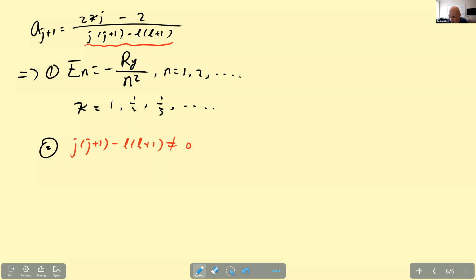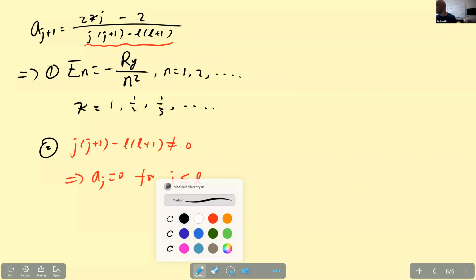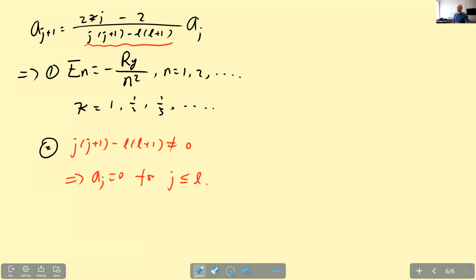That means A_J should equal 0 for J less than or equal to L. Otherwise a certain term will be infinite, so you must have A_{L+1} equal to infinite, which of course is also unphysical.